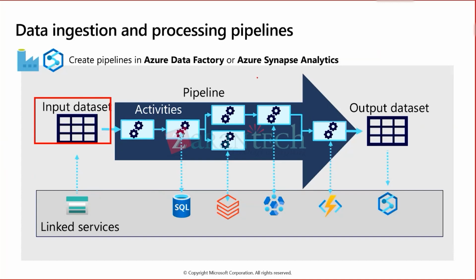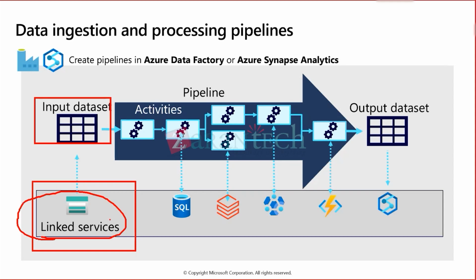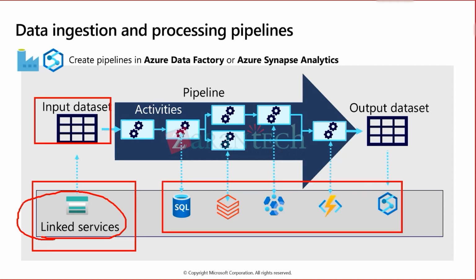If the pipeline you're orchestrating is extracting the data from a variety of sources, the linked service will create the connection string information for those disparate data stores. And for example, if you are dispatching any third-party compute activities, for them also you have to create linked services.